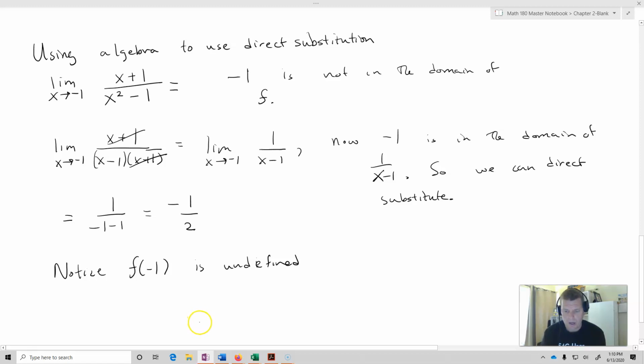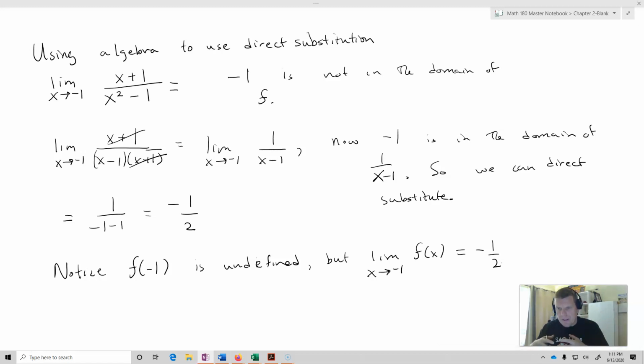That's not going to work. But the limit as x approaches -1 of f of x equals -1/2. It in fact is defined. So we can use algebra to remove the problem area, like remove that x plus 1 term, and that'll allow us to find the limit.